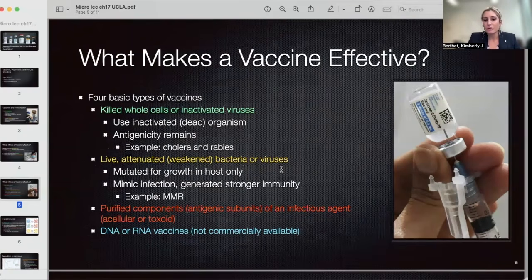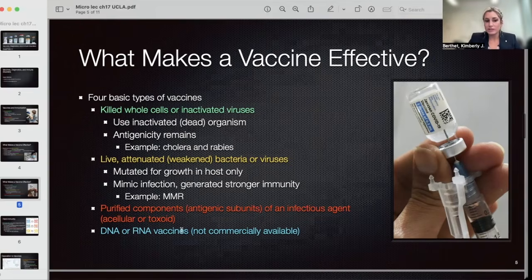These can create some of the largest immune responses because they can actually start an infection cycle. While they can't cause infection, they can start some of the natural infection cycles. Versus if we're looking at purified components like an antigen itself that's being injected, we're not going to see the entire infection cycle. So our immune system has a little bit less to respond to, but these are probably some of the most common vaccines.